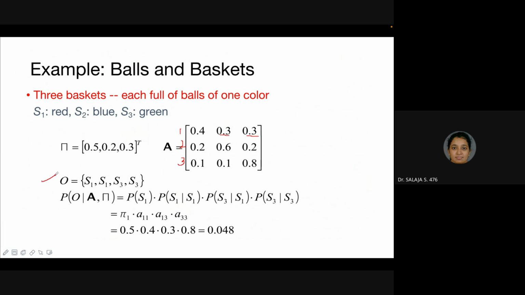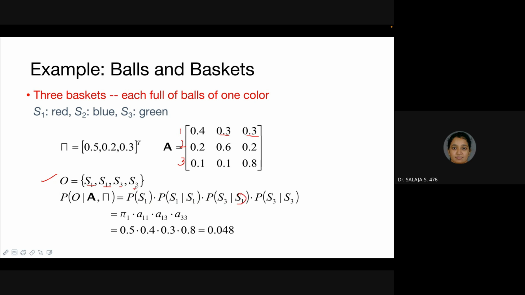So the observed sequence is S1, S1, S1, S3, and S3. So how do I define it? I take the initial probability for the first state. Initial probability is P of S1. The second state, P of S1 based on the previous state S1. The third one, S3, P of S3 based on the previous state S1.